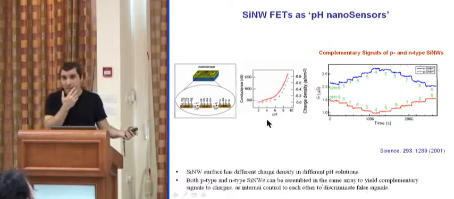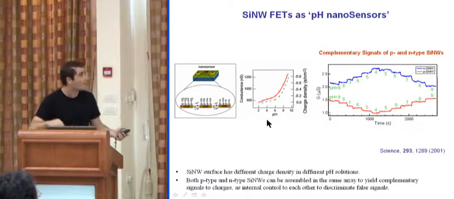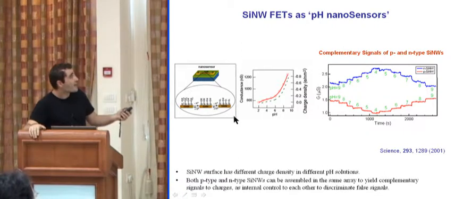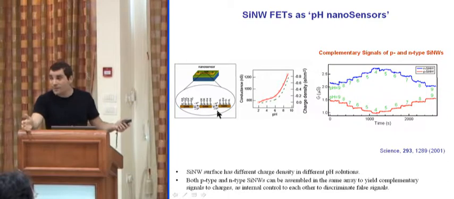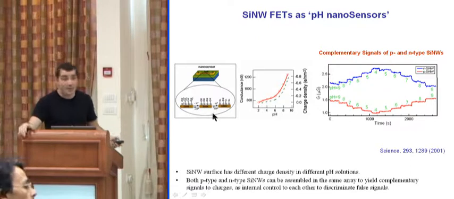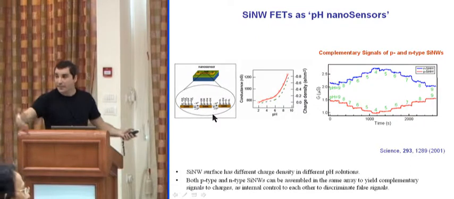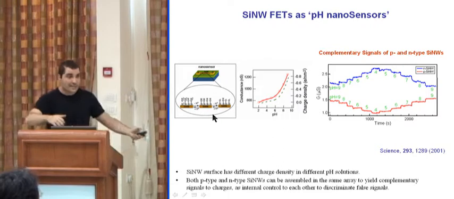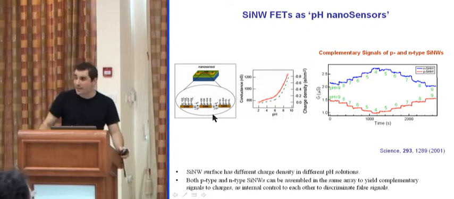So the first example that was developed was a pH sensor. Actually, every silicon nanowire contains silanol groups. Silanol groups are SiOH groups that can be protonated and deprotonated depending on the pH of the solution that we are working with. So simply by changing the pH, we change the extent of protonation and deprotonation of the surface. We change the charge of the surface of the silicon nanowire, and by doing that, we change the conductance of the field effect transistor.